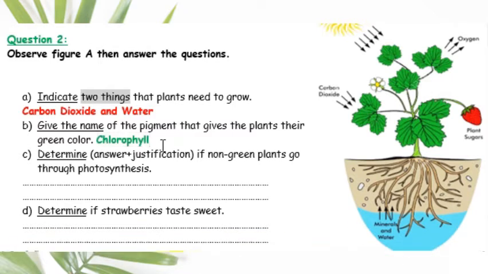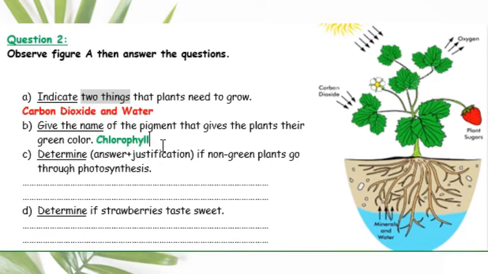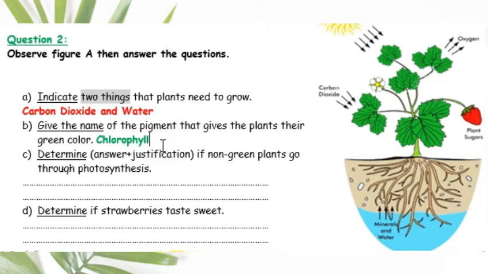Determine. Each time I ask you to determine, you have to justify and tell me why you chose your answer. Do non-green plants go through photosynthesis? Let's revise again what photosynthesis is. Photosynthesis is the food making process that green plants go through.